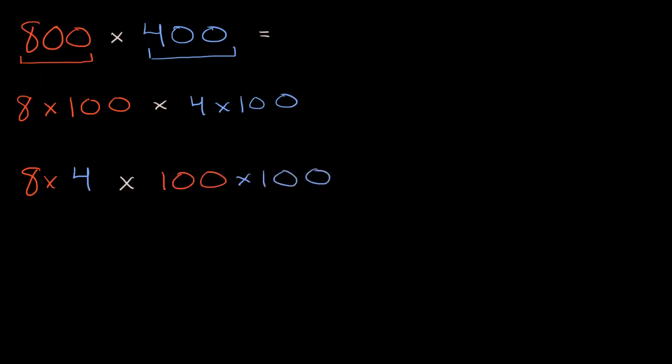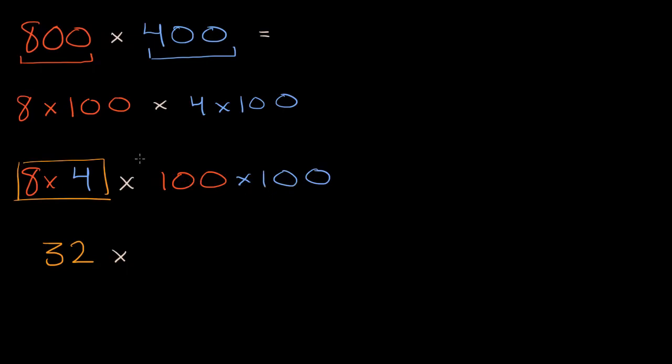Well, what is 8 times 4 going to be? Well, 8 times 4, if we know our times tables, is 32. And so it's going to be 32 times, what's 100 times 100 going to be? Now, there's multiple ways that you could think about this, and I want you to really think it through, but we'll soon see that there's a fairly fast way of making sure we got it right.